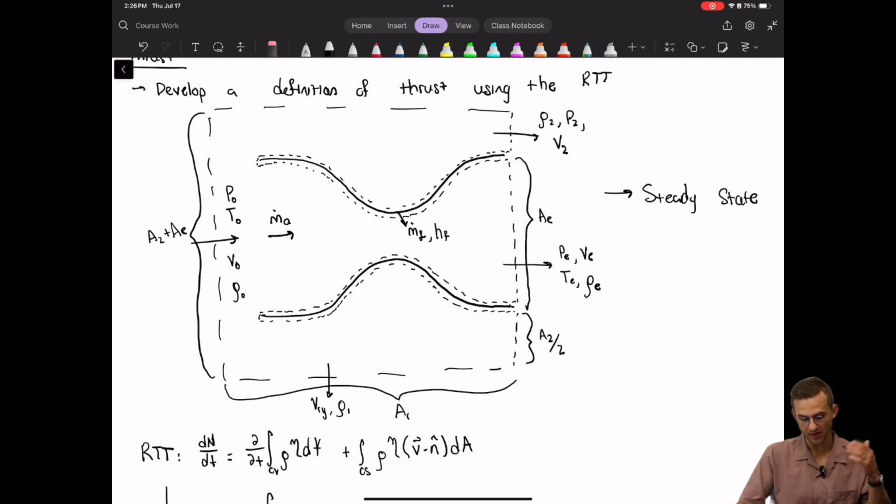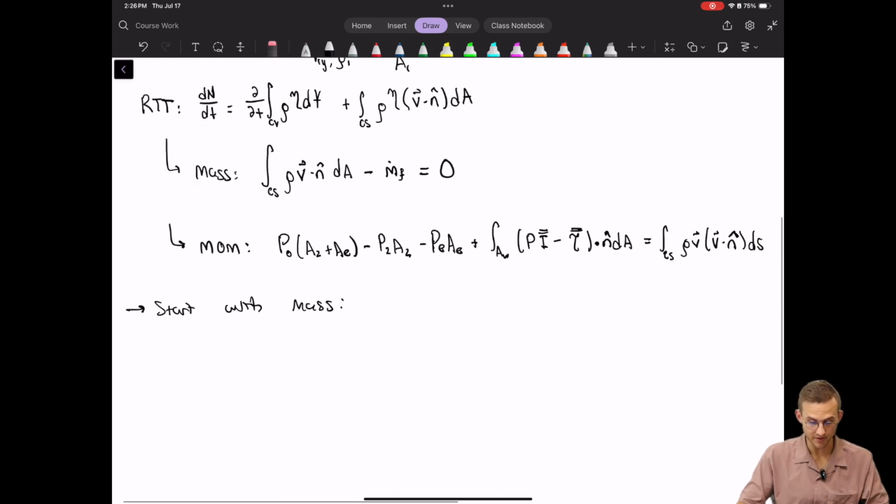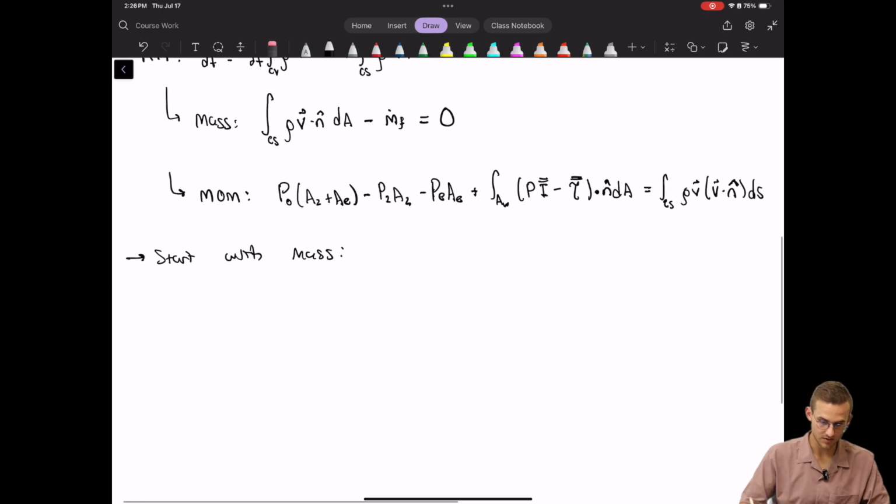So there is no velocity or property profile at the left-hand side of the control volume, the entering flow. So on that side, for the mass flow rate in, you're just going to have minus rho naught vx naught, the x component of v naught, times A2 plus AE. That's your mass flow rate inwards.